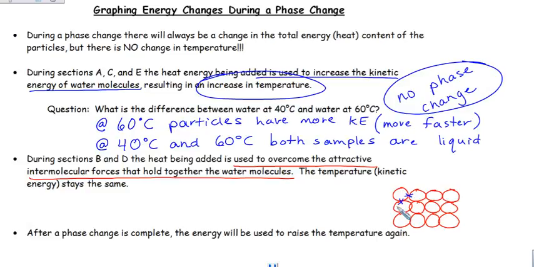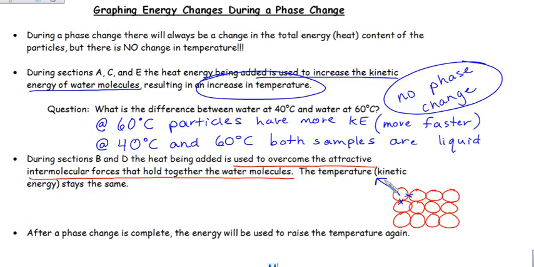I don't want to break the bonds. If this is water, I do not want to break the hydrogen-oxygen bond within the molecule. I want to separate the intermolecular forces that are holding the particles together in the solid phase. And so I add energy and boom, this particle escapes the solid crystal.